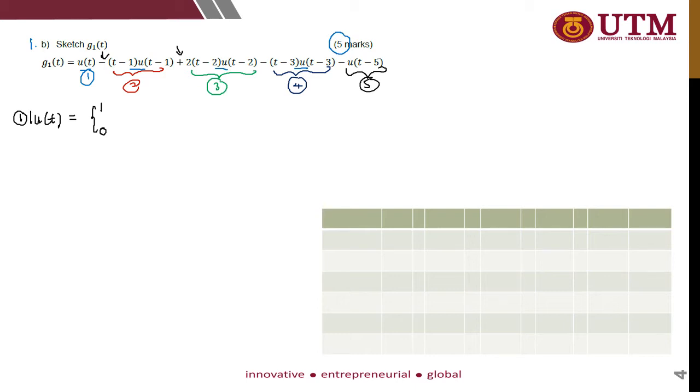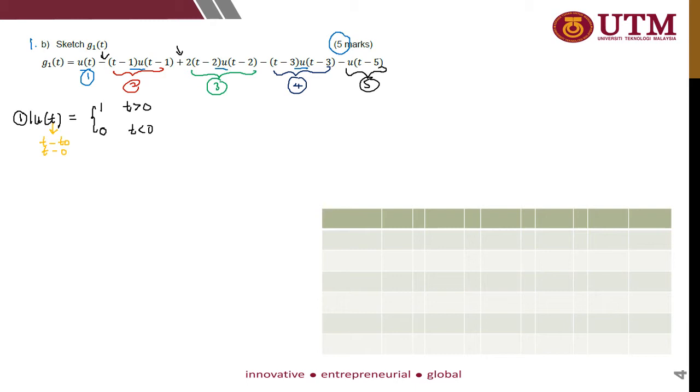For the range of t, you need to compare the t with t minus something like t naught. So t naught in this case is 0, so t minus 0. So the range of t is 0 magnitude for t less than 0 and 1 magnitude for t larger than 0.